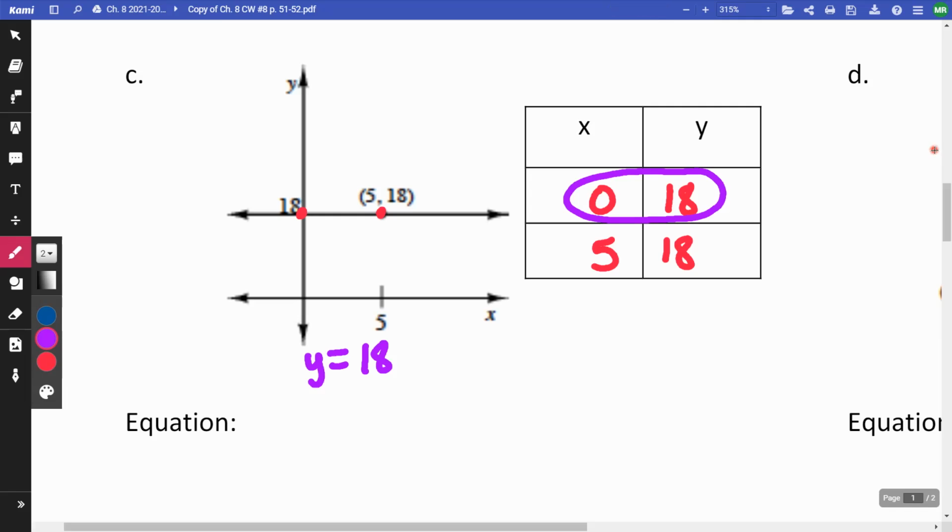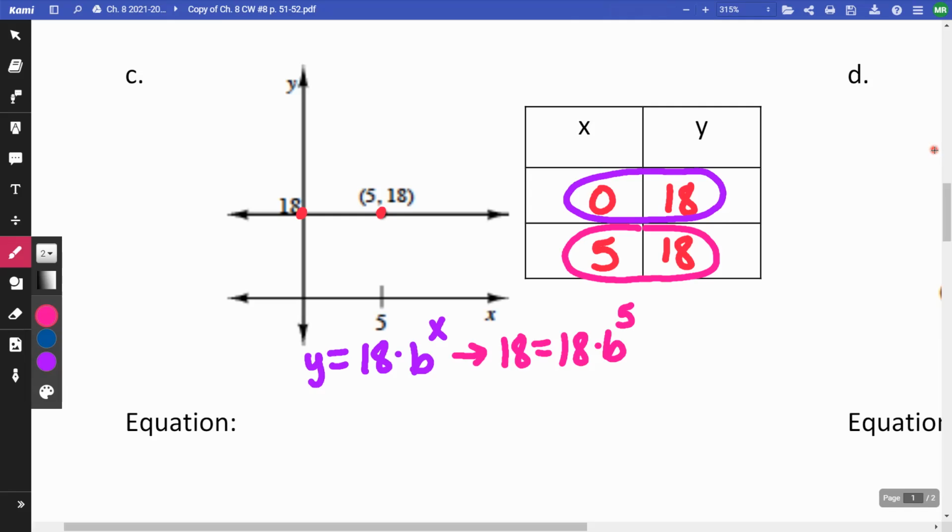So I'm going to have 18 times b to the power x. Then I'm going to take this 5, 18 and put it in for my x and y. So I'm going to have 18 is equal to 18 times b to the 5th power. I'm going to divide both sides by 18, and so I get 1 is equal to b to the 5th.